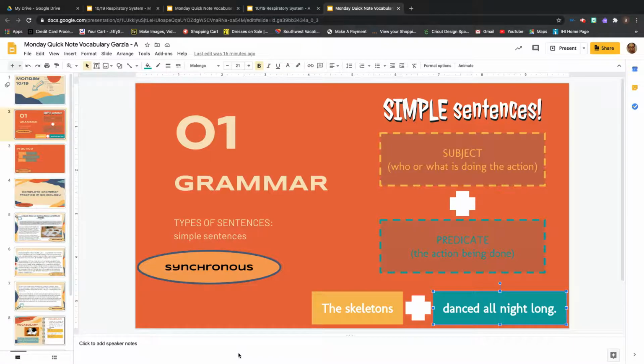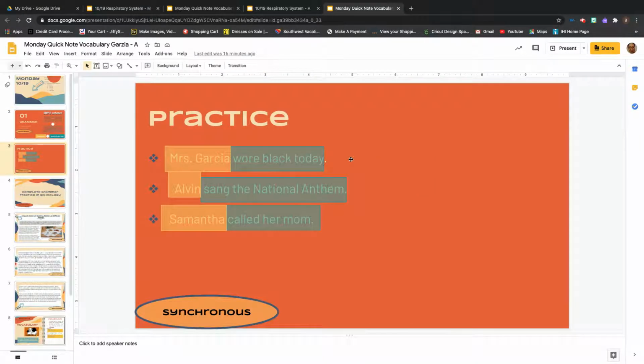So let's look at some of my examples. My first example that I gave was this sentence: Mrs. Garcia wore black today. And as you can see, we're keeping with the color scheme. So my subject is Mrs. Garcia. And what did I do? I wore black today. That's my predicate.